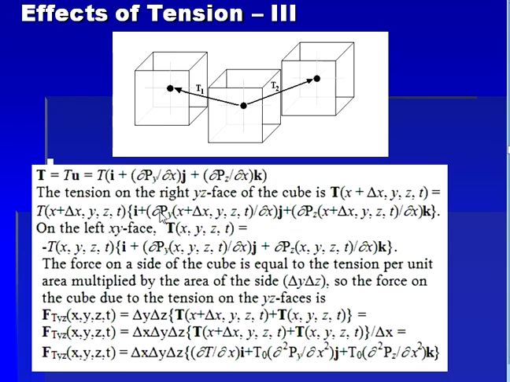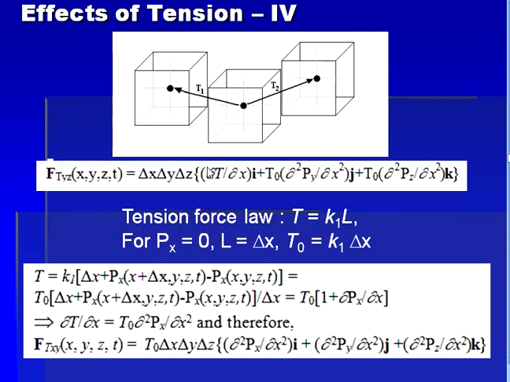So we'll have this T0 times the partial of P sub y evaluated at x plus delta x minus T0 times the partial of P sub y evaluated at x, both of which are also evaluated at y, z, and t. And we can see that when we divide that by delta x, we'll get the second derivative of P sub y with respect to x times j. So this is the term that's first order in small quantities for the force in the y direction. Performing an identical analysis on the force in the z direction gives us that term as well.